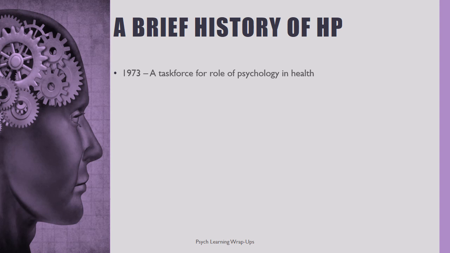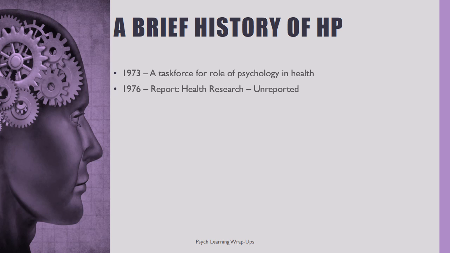We can trace back that in 1973, the American Psychological Association set up a task force for understanding and exploring the role of psychology in health. The task force took around 3 years to submit their report, and they found during their report building that there was a lot of research being conducted in the area of health and medical science that was related to psychology.